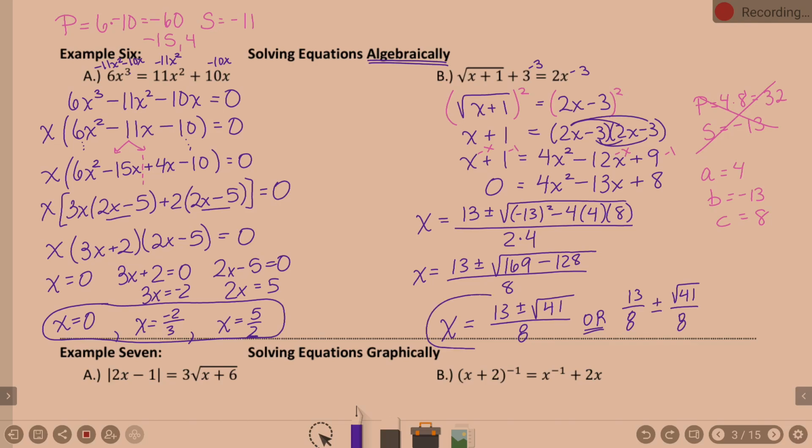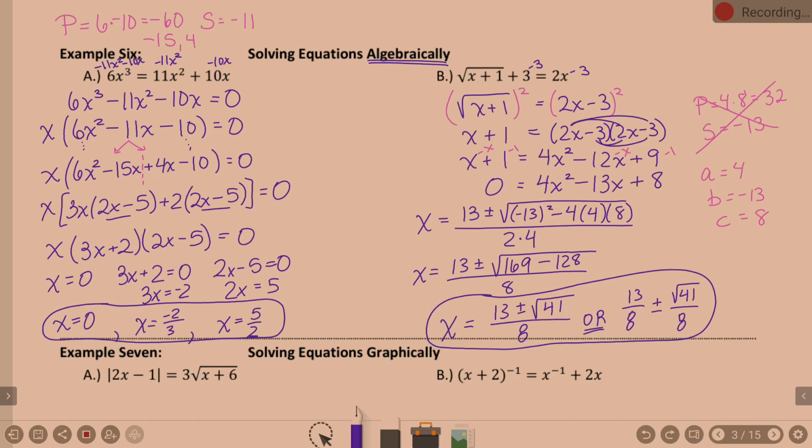I'm perfectly fine with the first option. The only time I push you to go into the two separate fractions is when it's complex forms and we're dealing with the imaginary numbers. Okay. Questions there?